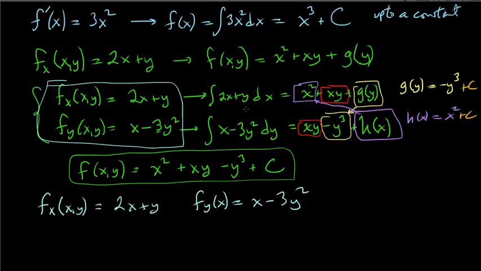Okay. Unfortunately, that's not the case here. So think about this example here. Suppose I give you the x partial derivative is equal to y, and the y partial derivative is equal to negative x.